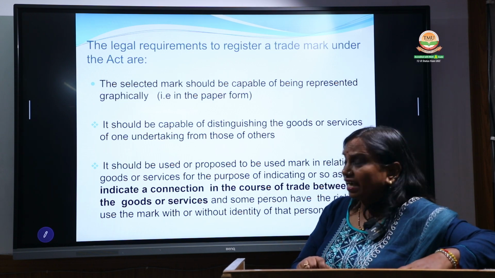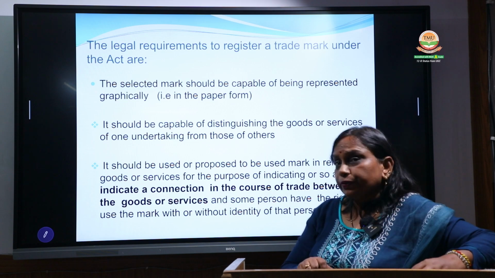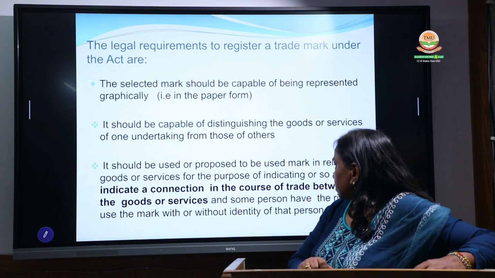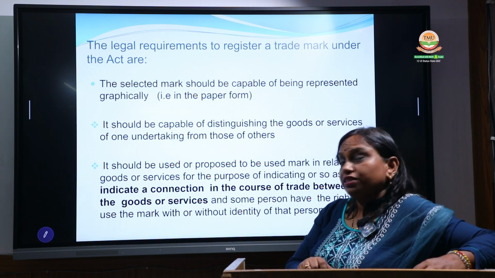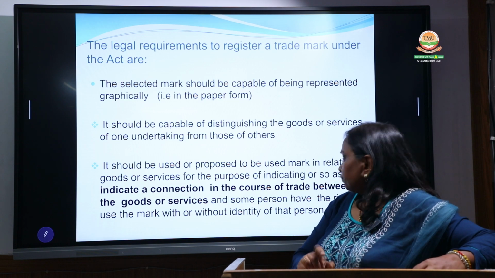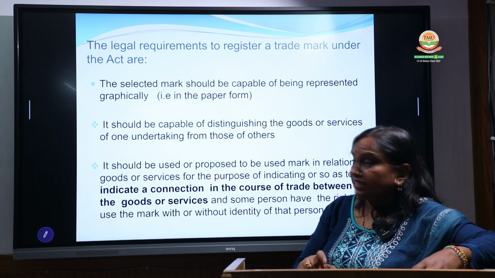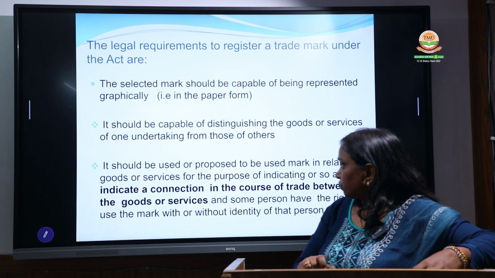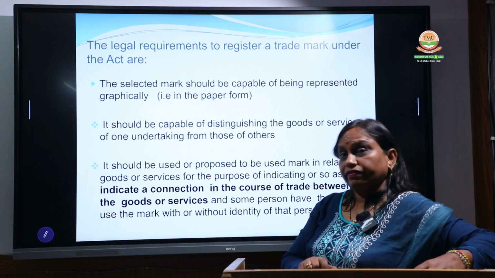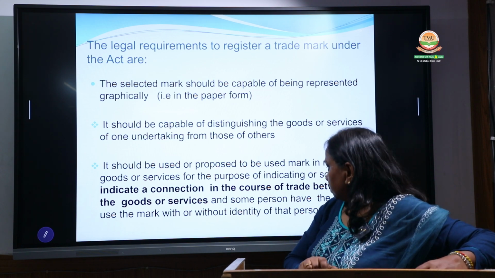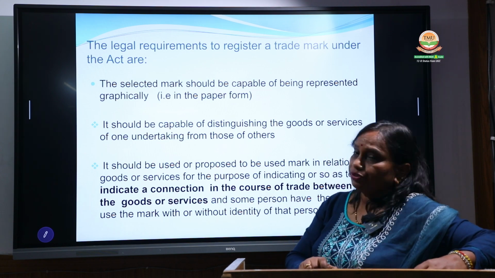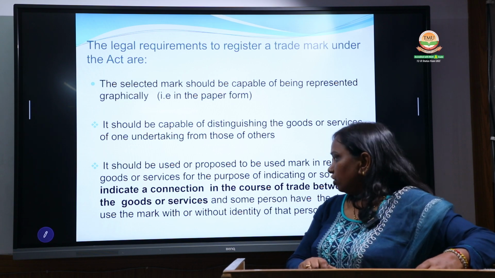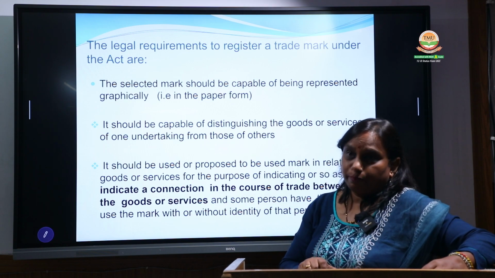services. Another important thing is, it should be used or proposed to be used in relation to the goods and services for the purpose of indicating, or so as to indicate a connection in the course of trade between the goods and services, and some persons have the right to use the mark with or without identity of that person.